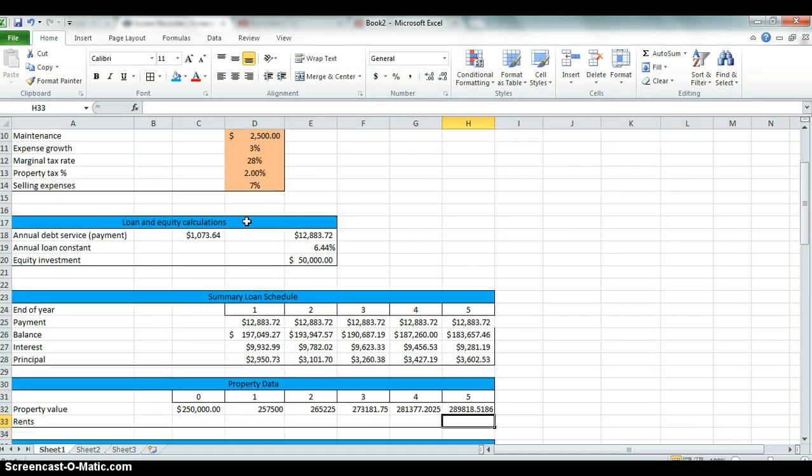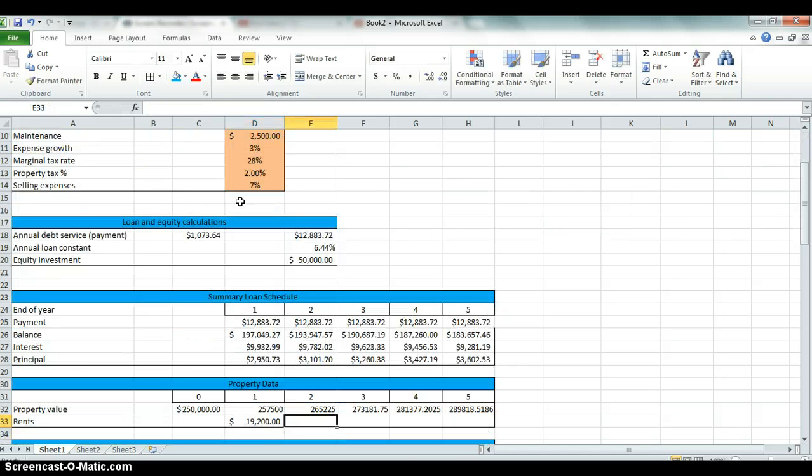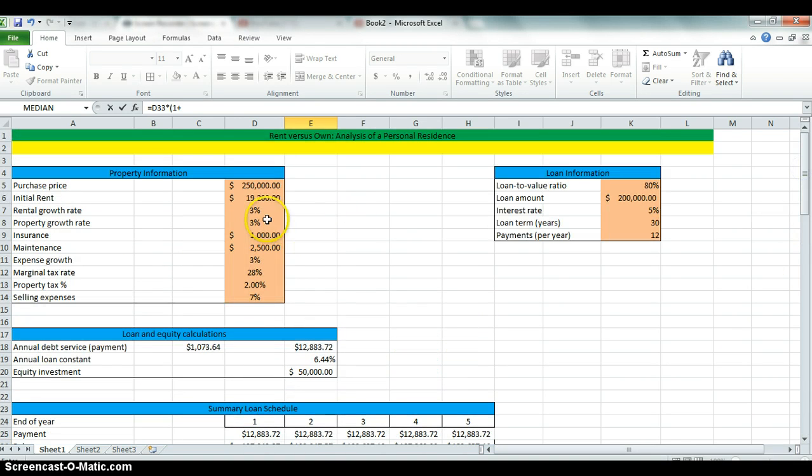Now for rent, we're going to do exactly the same, but we're going to start at the end of year 1 because we didn't have rent at the end of year 0. So for year 1, we will have that rent equals 19,200, and then we're going to keep going with year 1 times 1 plus the rent growth, which is also 3%.